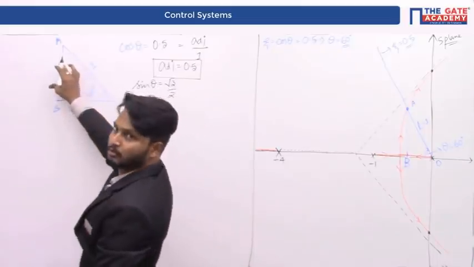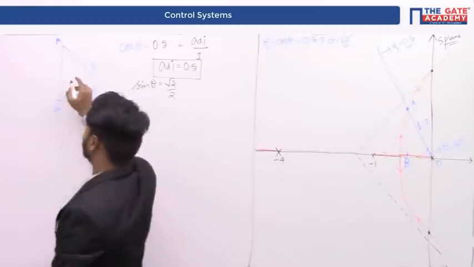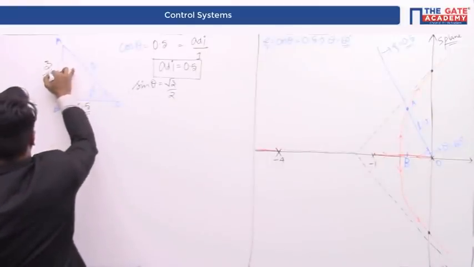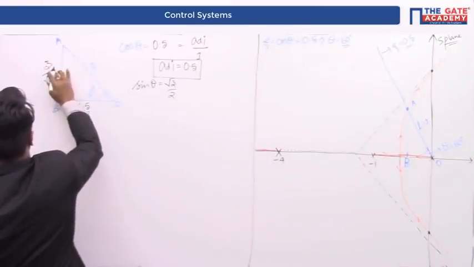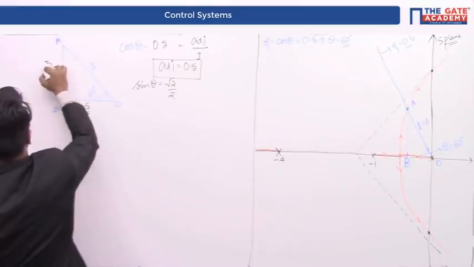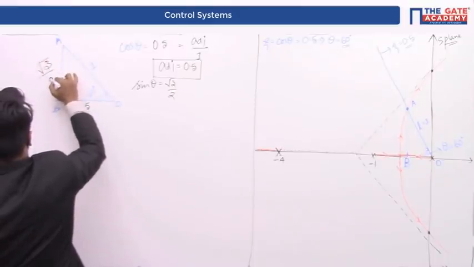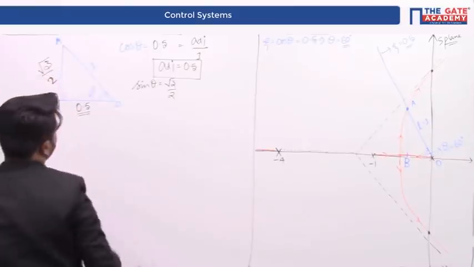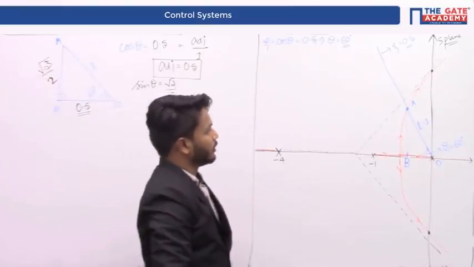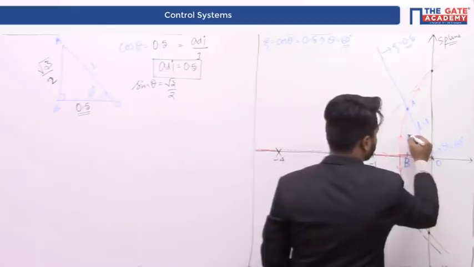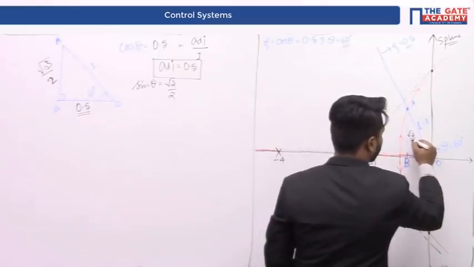So root 3 by 2 will be the height of this particular triangle. This length is root 3 by 2.